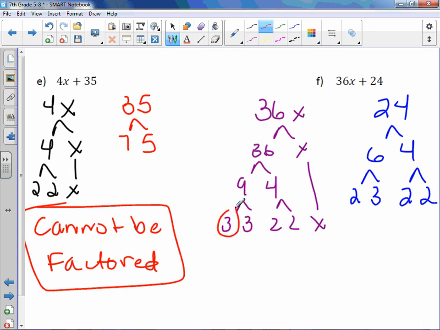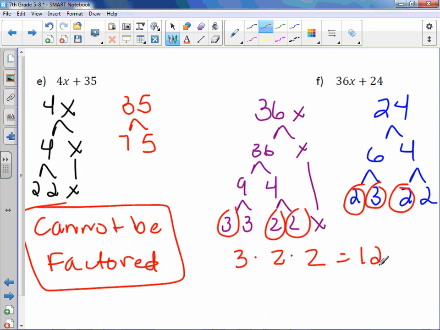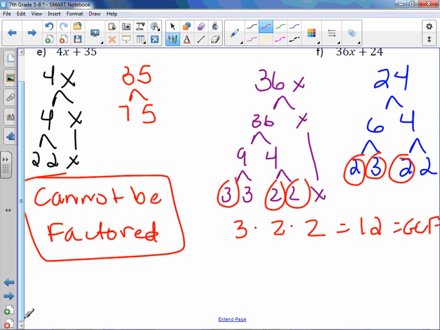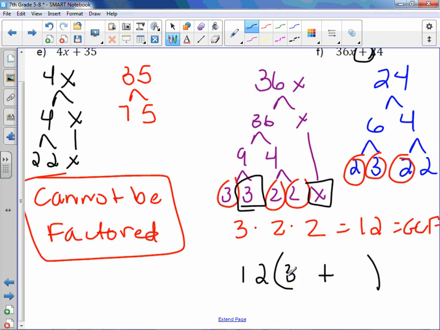We have a 3 in common, a 2 in common, another 2 in common, and that's it. So our GCF, 3 times 2 is 6, times 2 is 12. And that goes on the outside of the parentheses. Bring down our plus sign. On the left-hand side, we have 3x left. And on the right-hand side, we have 2 left.